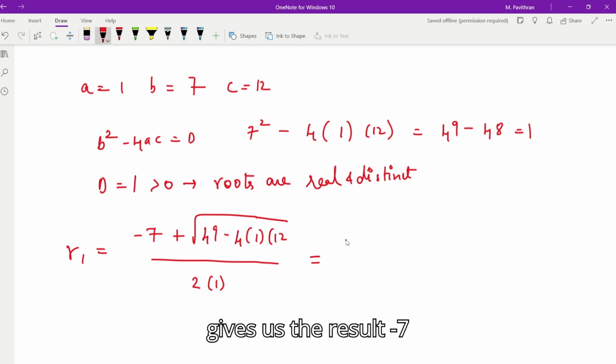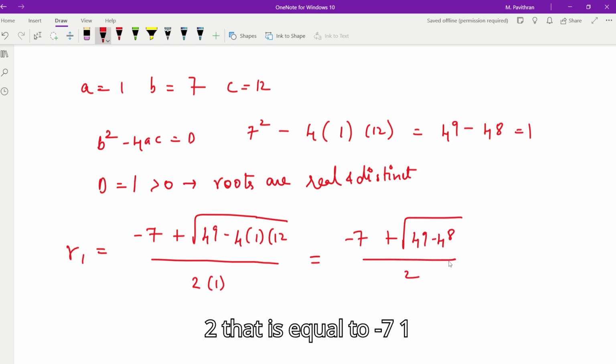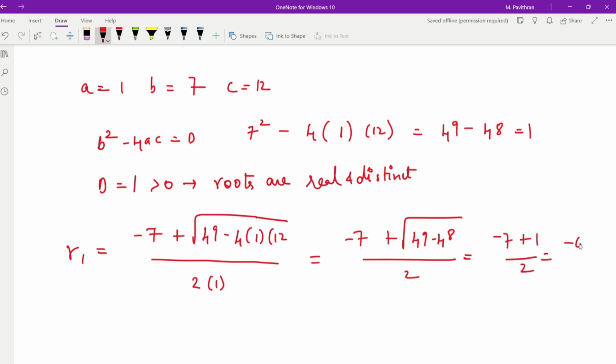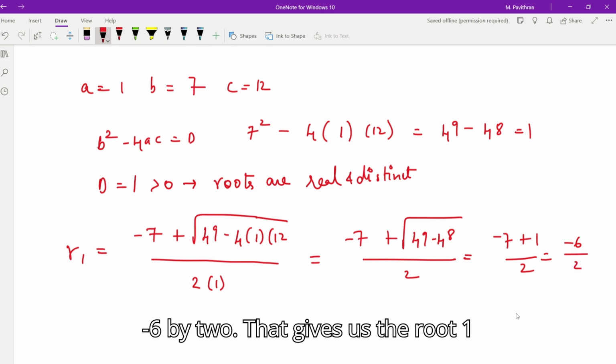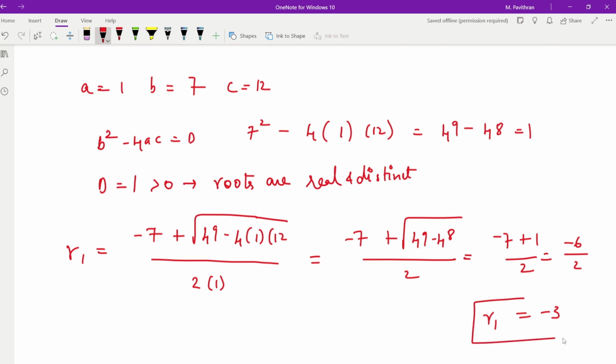That gives us the result minus 7 plus root over 49 minus 48 divided by 2, that is equal to minus 7 plus 1 divided by 2, that gives us minus 6 by 2, that gives us the root 1 equal to minus 3, right?